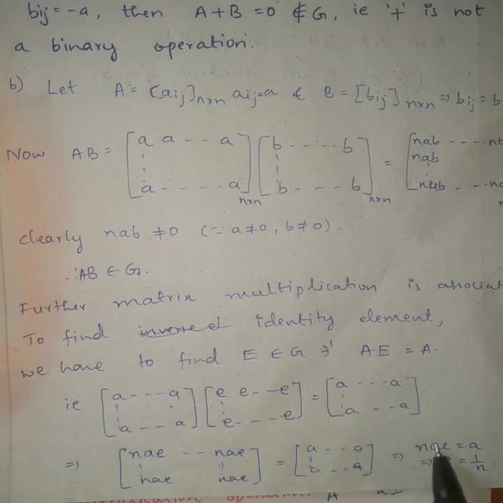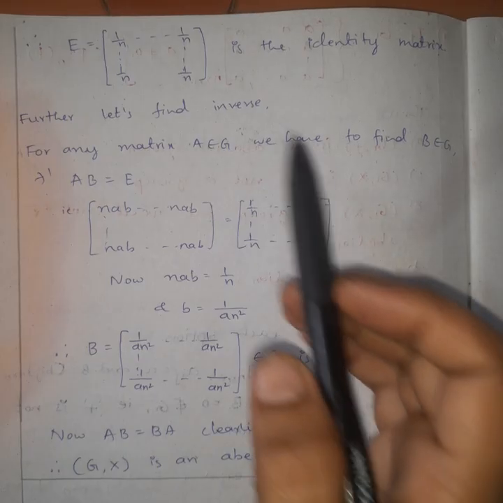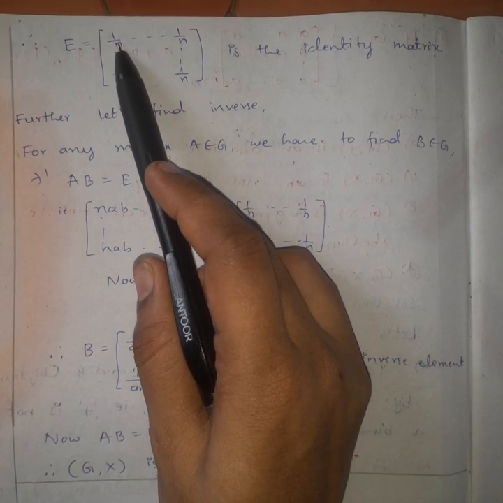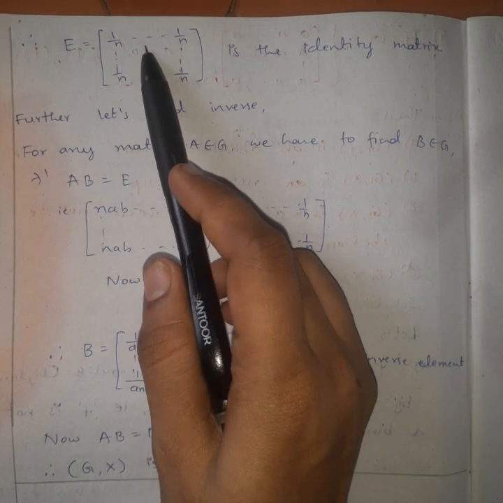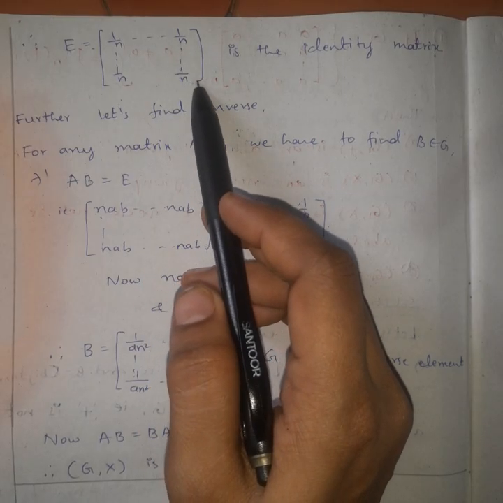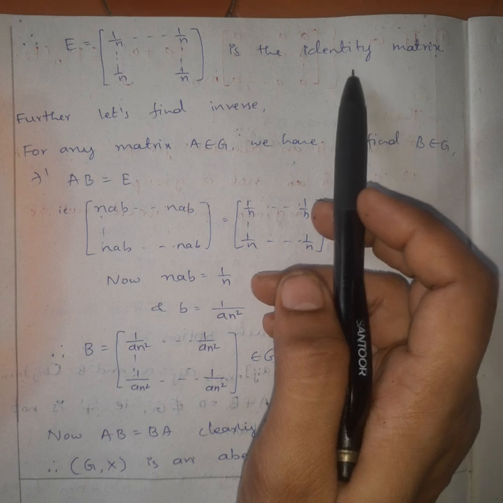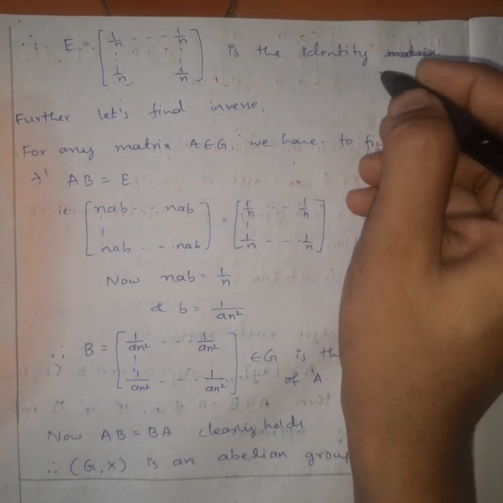So equating, I will get e as 1 by n. So here the identity element E will be the n by n matrix with each entry 1 by n, where n is the order of the matrix.